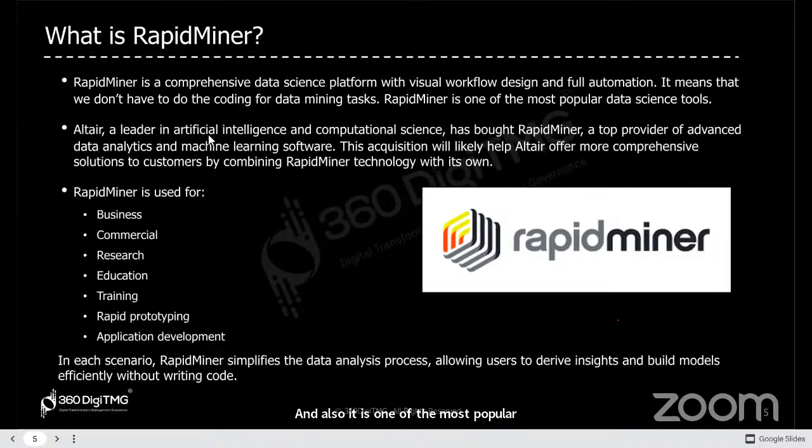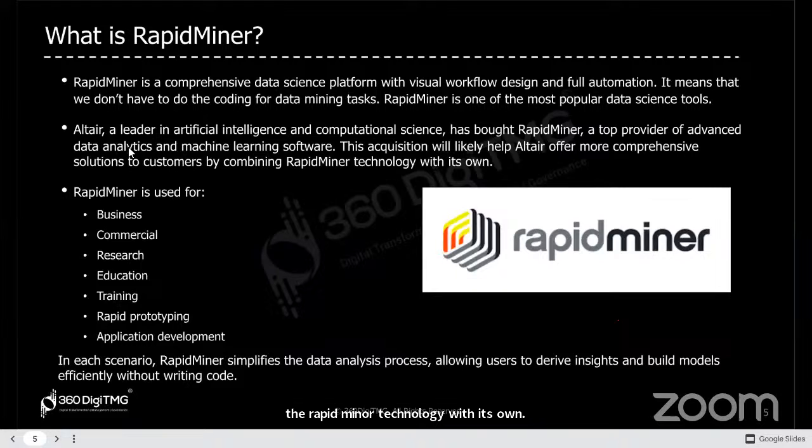Altair, a leader in artificial intelligence and computational science, has acquired RapidMiner, a top provider of advanced data analytics and machine learning software. This acquisition will likely help Altair offer more comprehensive solutions to customers by combining the RapidMiner technology with its own.